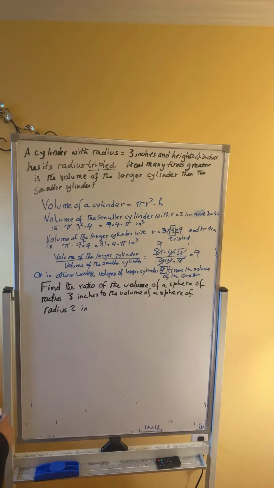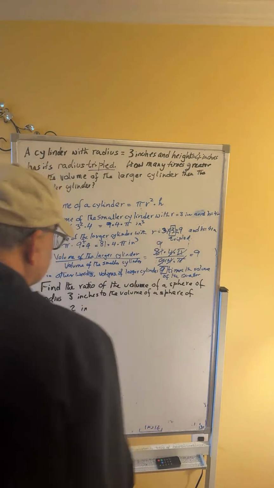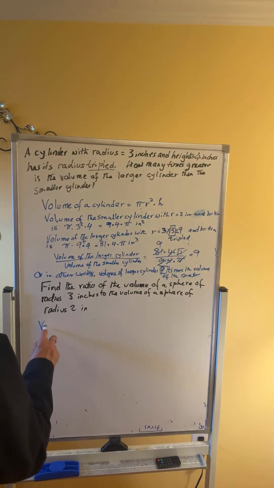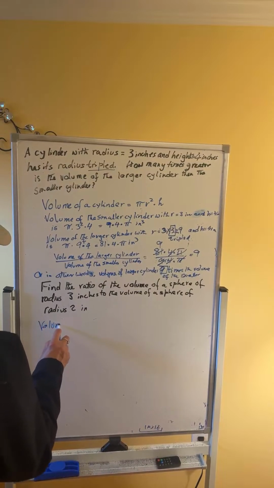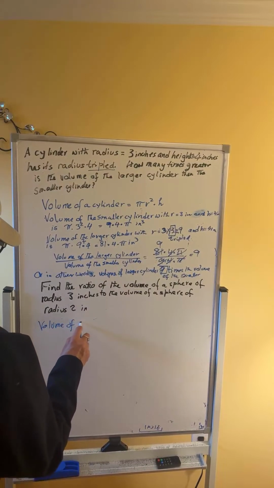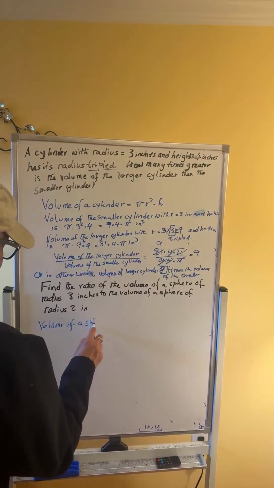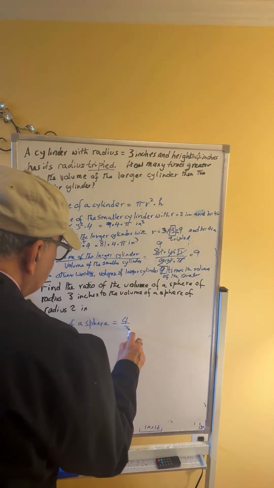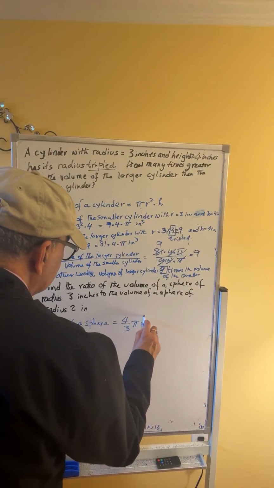Find the ratio of the volume of a sphere of radius 3 inches to the volume of a sphere of radius 2 inches. Now the volume of a sphere is given by this formula: 4/3 pi r cubed.